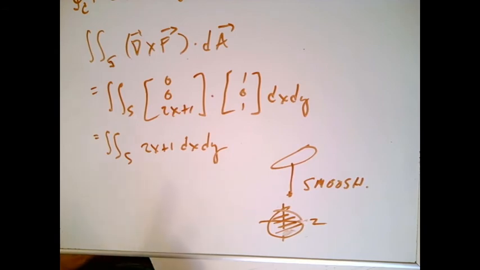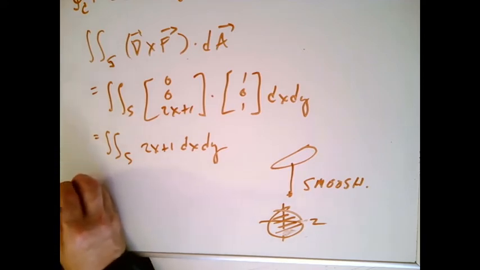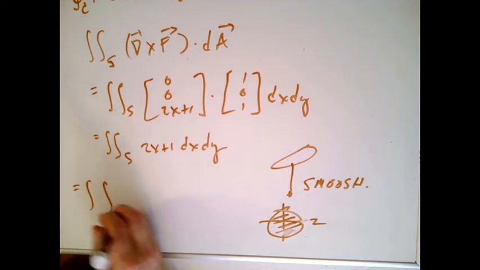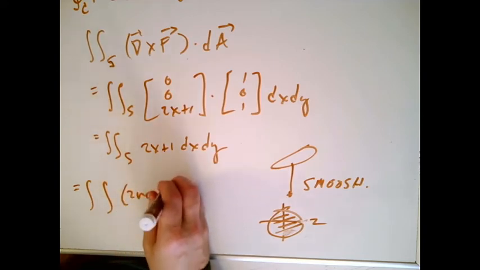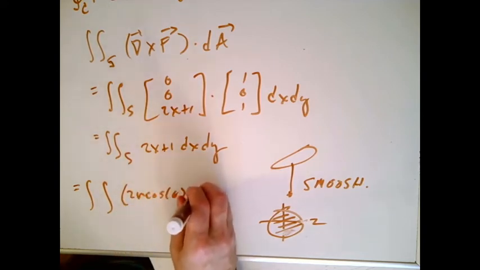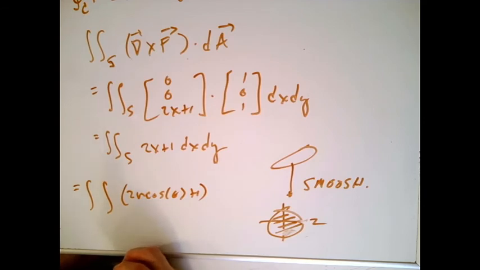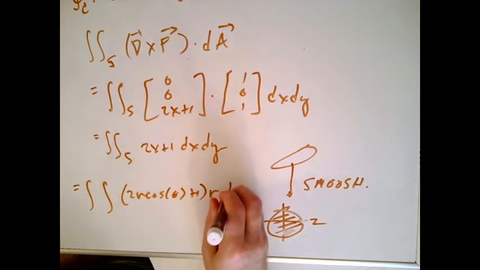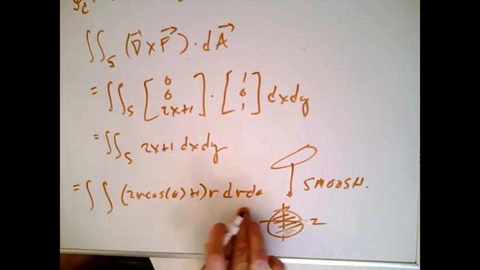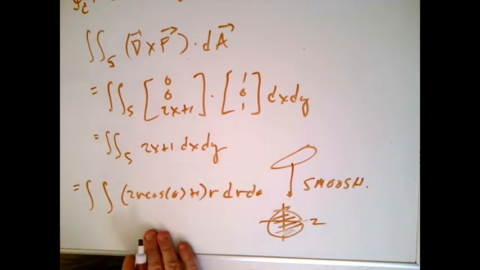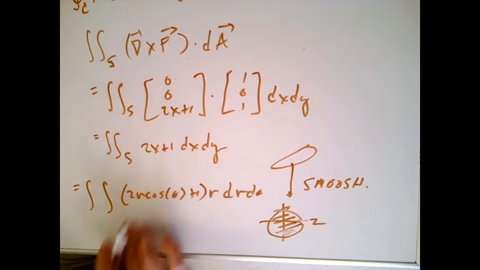Now that being said, I think polar is going to be a better option than anything else, so I'm going to go polar. Instead of 2x, I'm going to have 2r cosine theta plus 1. We know that instead of using dx dy, we need to use r dr d theta. And I'm not saying dx dy equals r dr d theta. We know this. These french fries are different than the shape of these french fries.